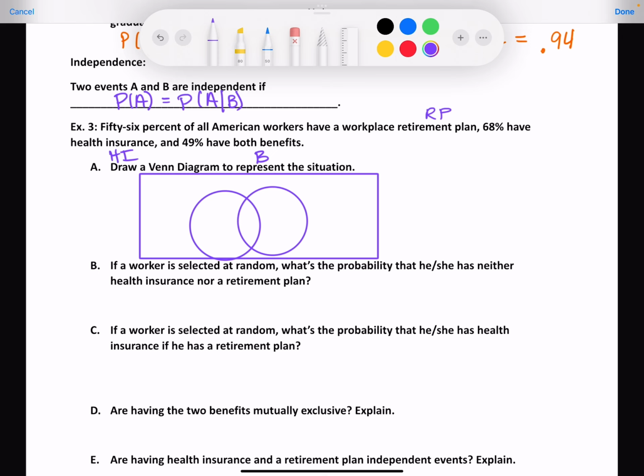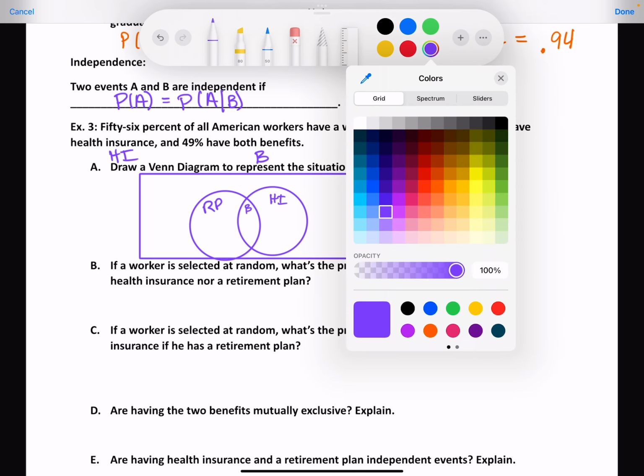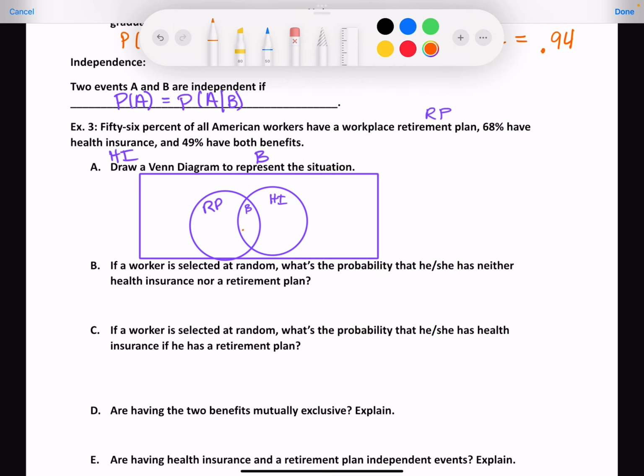All right, so retirement plan, health insurance. 49% have both, so we know in the middle where both is, we've got 0.49. I'm going to change colors so you can actually see what's going in here. Look at how good that Venn diagram looks. It looks a lot better than the first.